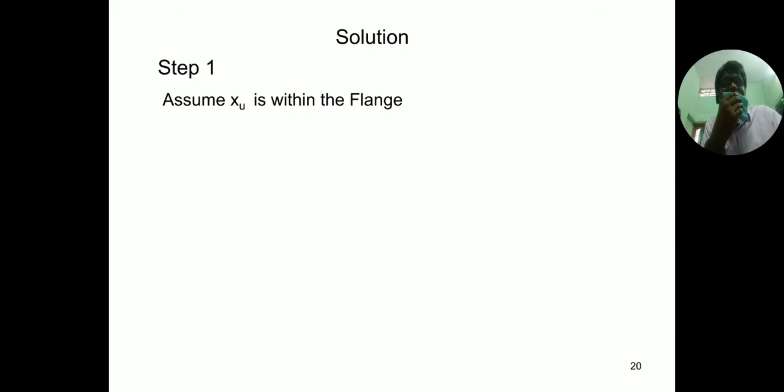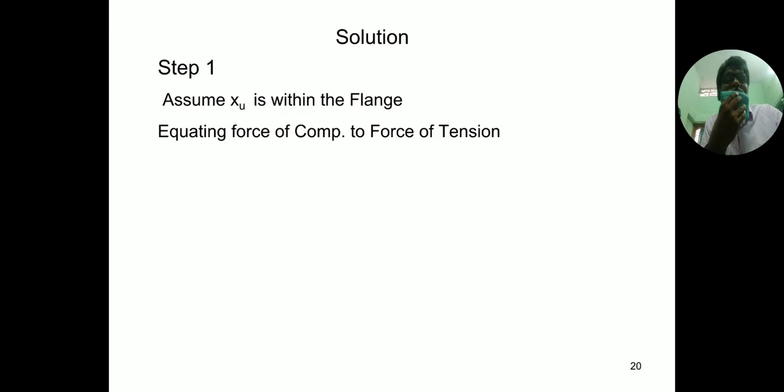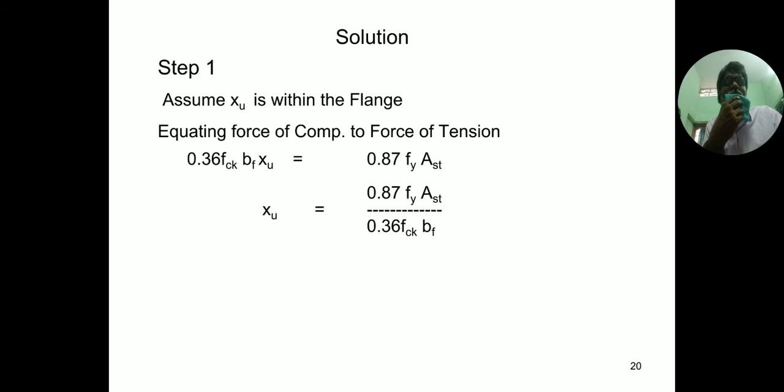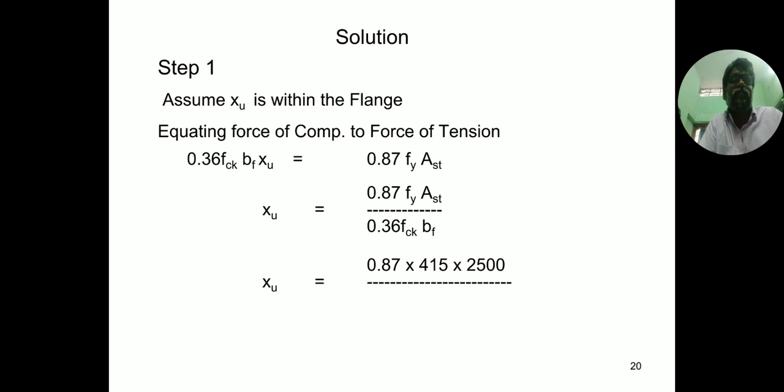Assume XU within the flange, equating compressive force to tensile force: 0.36 FCK BF XU is equal to 0.87 Fy AST. XU is equal to 0.87 Fy AST by 0.36 FCK BF, which is 156.7 mm, same as the first case.